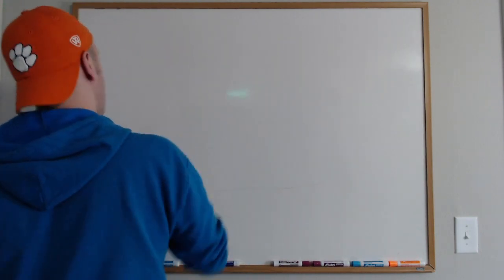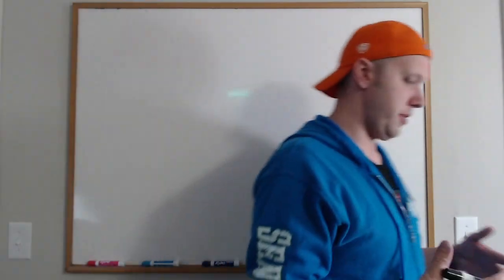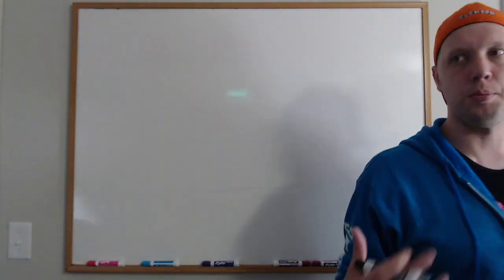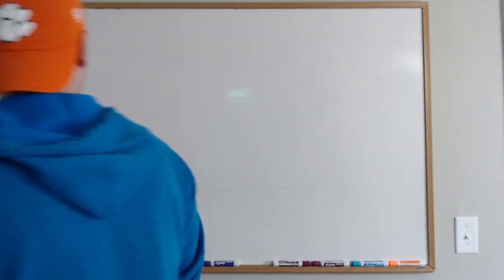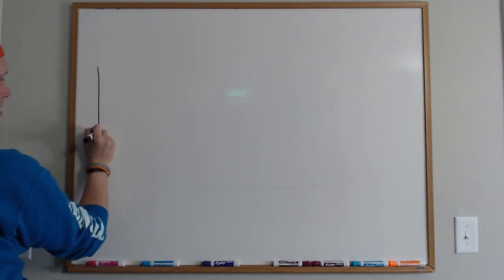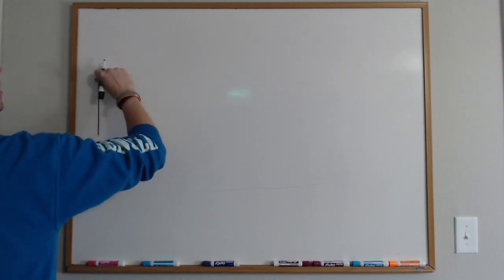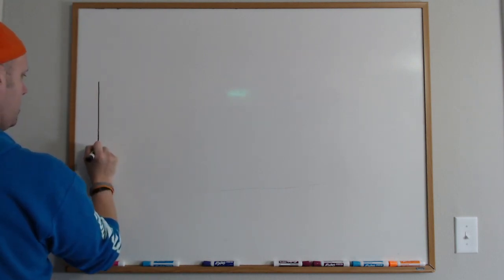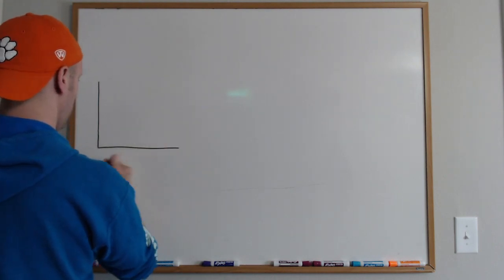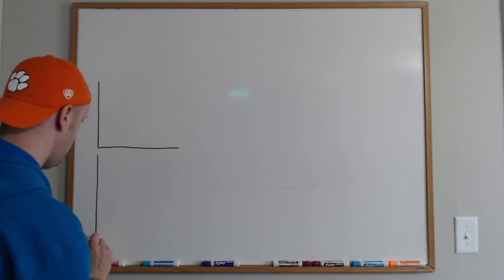Well, if we follow the steps from the last lecture video, where I explained how to get aggregate supply, what did we have? We had labor markets. We had production.